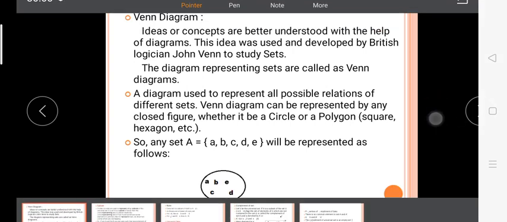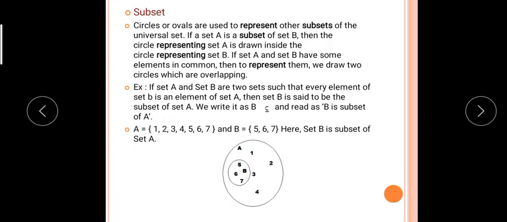Now look at another example. See here, what is a subset? If every element of one set is an element of another set also, then we can say that set is a subset of the given set.